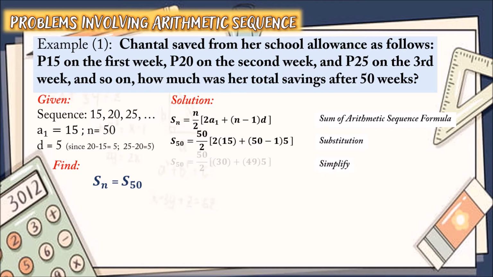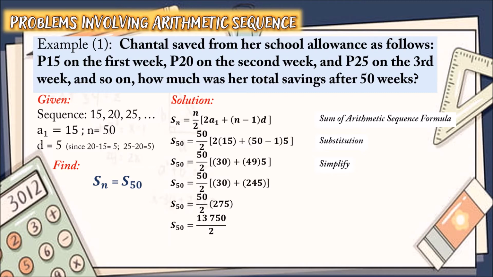Simplify natin ang ating equation. We have S of 50 is equal to 50 over 2, the quantity 30 plus 49 times 5. Let's solve. We have S of 50 is equal to 50 over 2, the quantity 30 plus 245. So we have S of 50 is equal to 50 over 2 times 275.